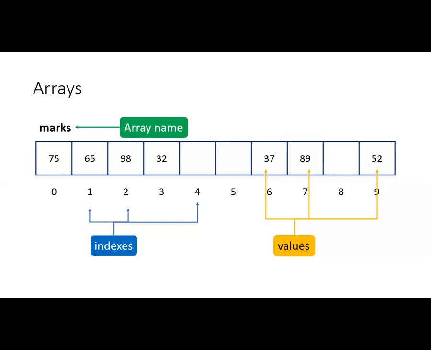Just like here, there is a variable named marks. This is the structure of an array, sorry, not a variable. It can store many values. Its name is marks. Like before, there is a convention in the naming: we cannot use a keyword as an array name.